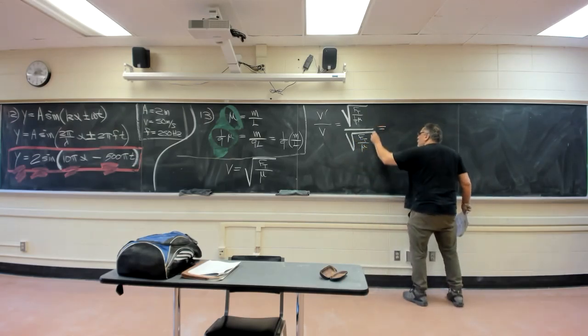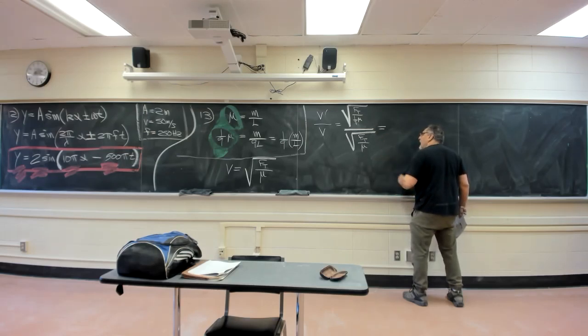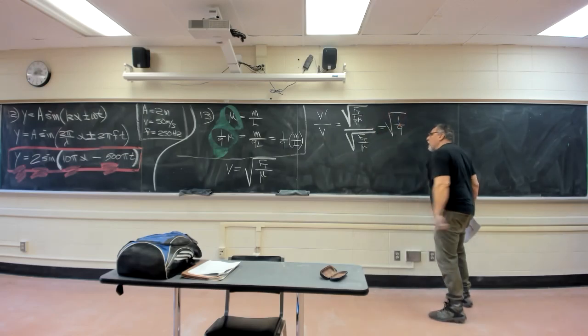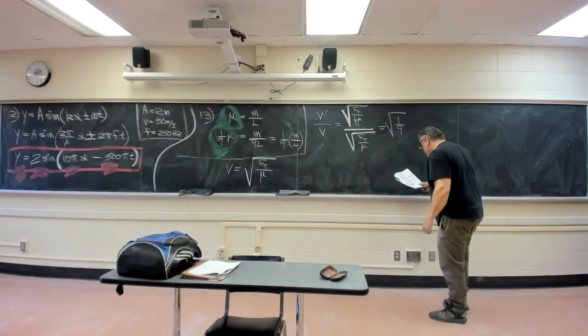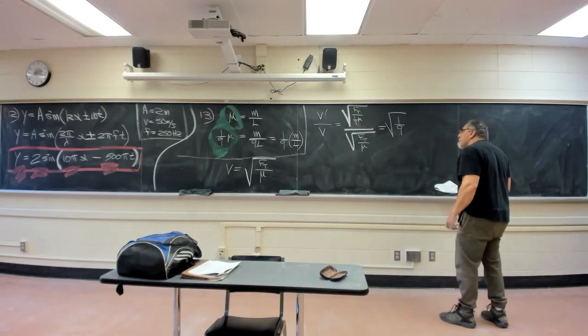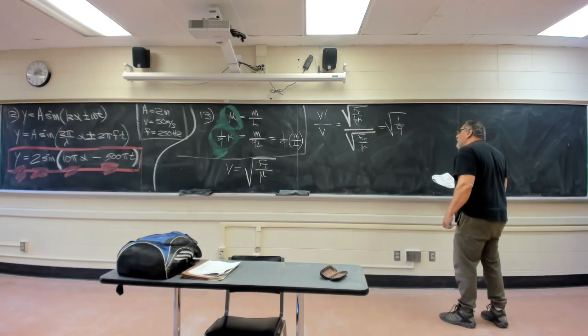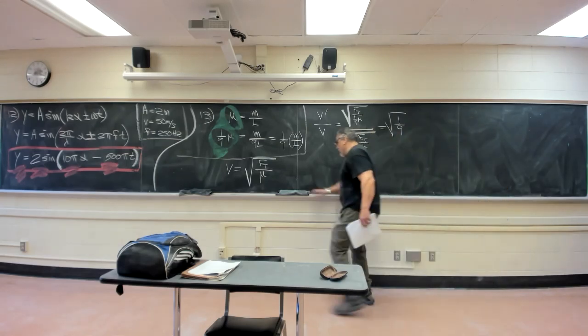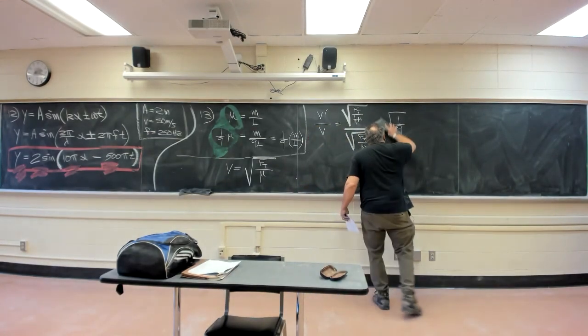The ratio of roots is the root of the ratio. The Ft's cancel, the mu's cancel. You got 1/9 on the bottom there. You end up getting this whole ratio is 1 over 9 square root of it. That is not true, actually. Ignore that, please.